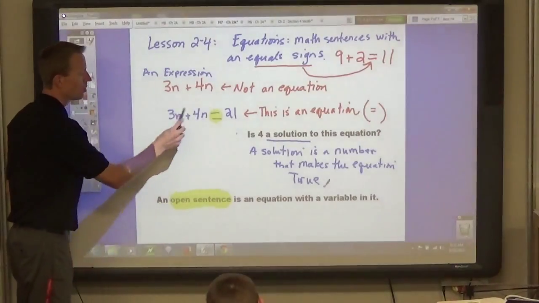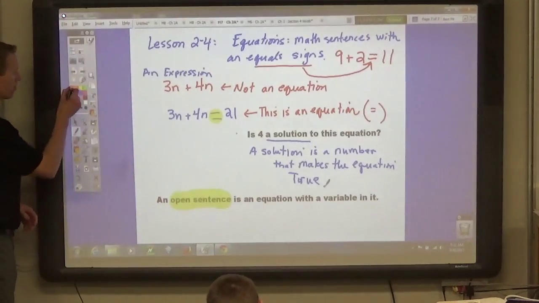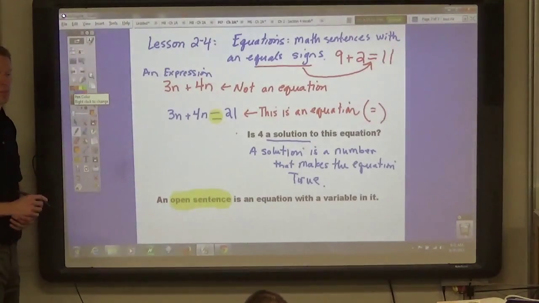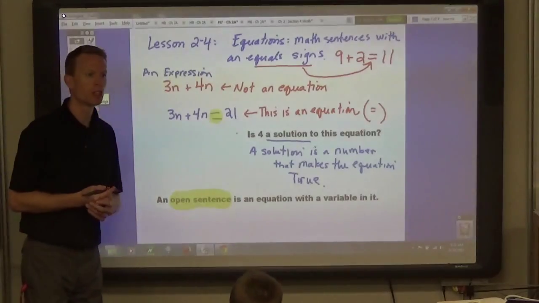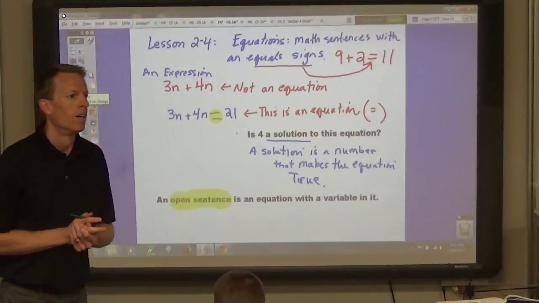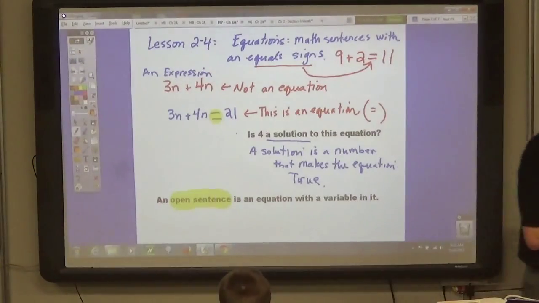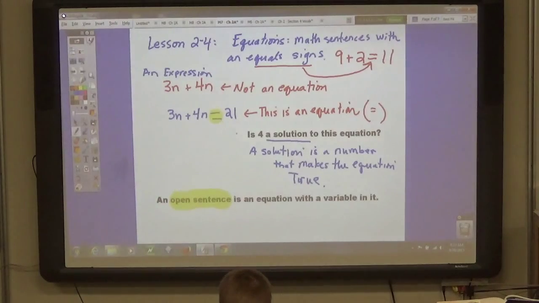What can we do with these two terms? AJ? We talked about this yesterday. Luke, what can we do with those two terms? You can add them.